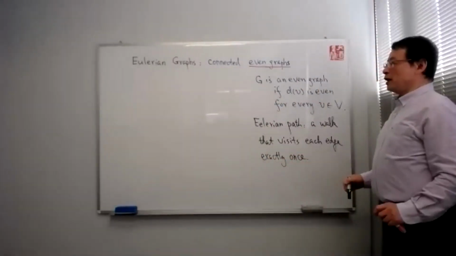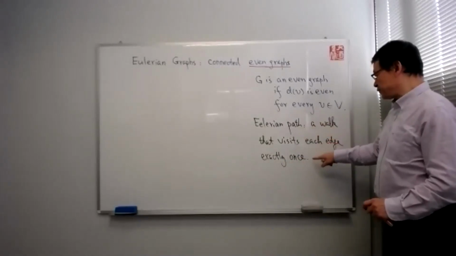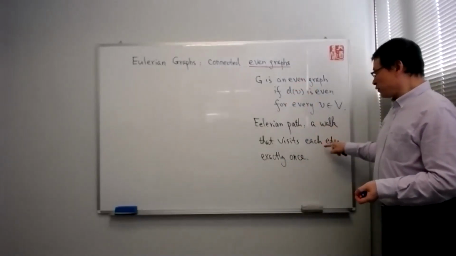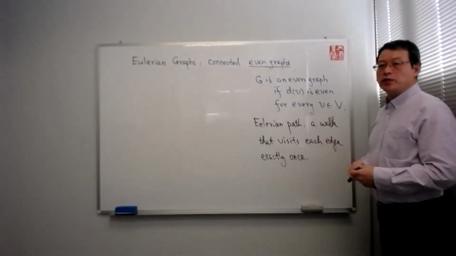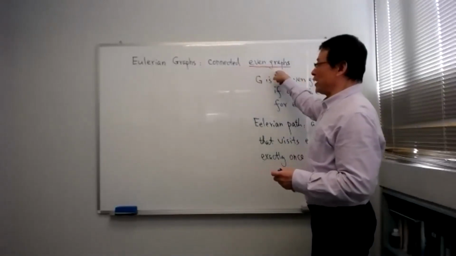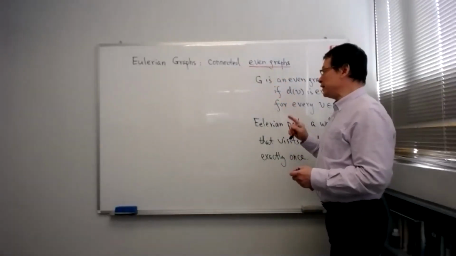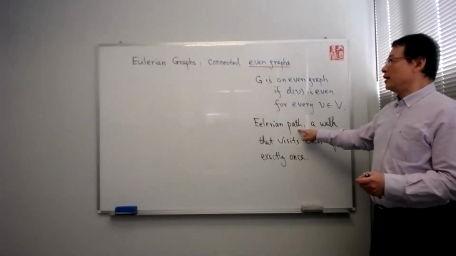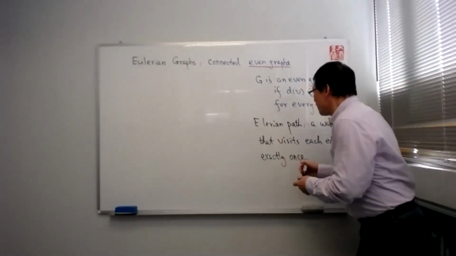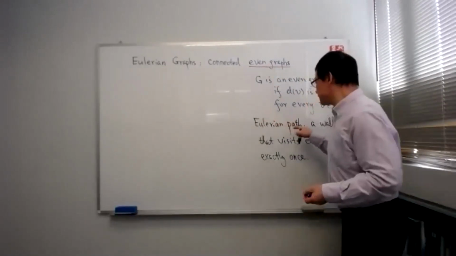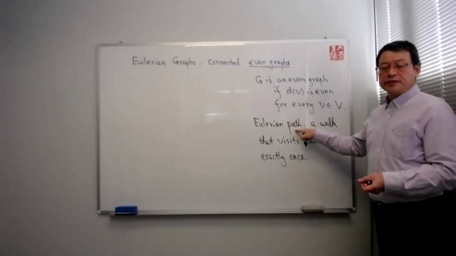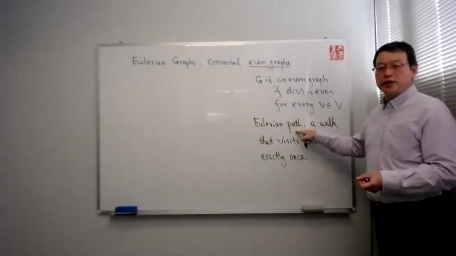The only difference between an Eulerian tour and a path is that in a path, we do not need to return to the starting vertex. The other requirement is that we visit each edge exactly once. An Eulerian graph is a connected even graph. The difference between an Eulerian graph and a graph with an Eulerian path, sorry, is this: an Eulerian path allows at most two odd degree vertices.